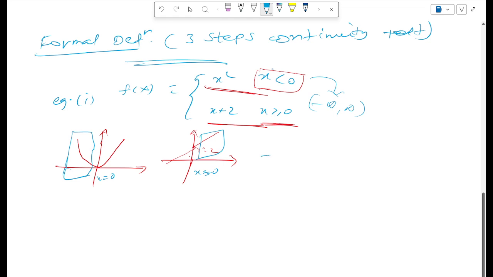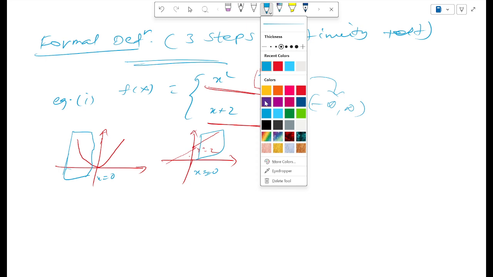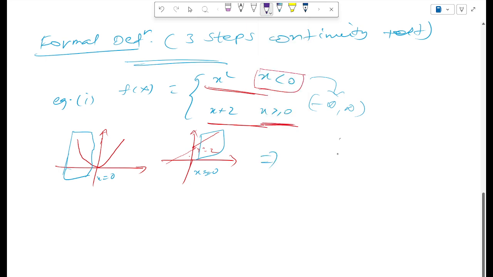So let's combine these based on our piecewise definition. The left side graph, less than 0, will be like this, and the right side will start from here. Here we will have an open bubble on the x square part, and a closed bubble will come here because the greater than or equal to sign goes with this portion of the graph, and it is like this.